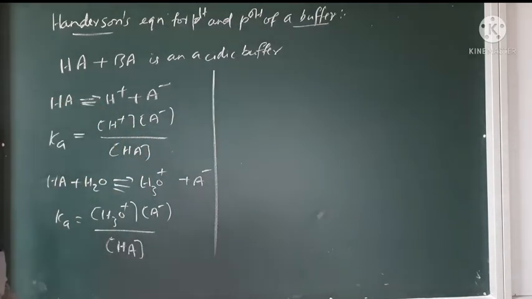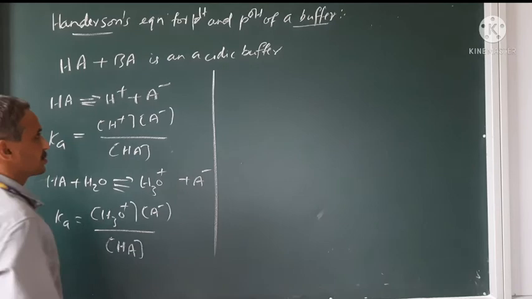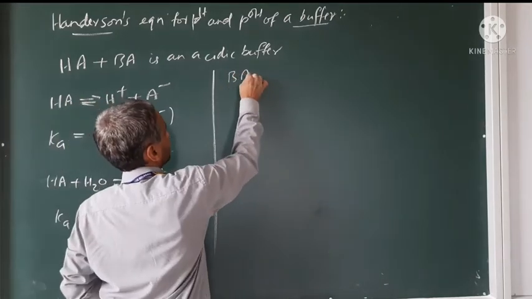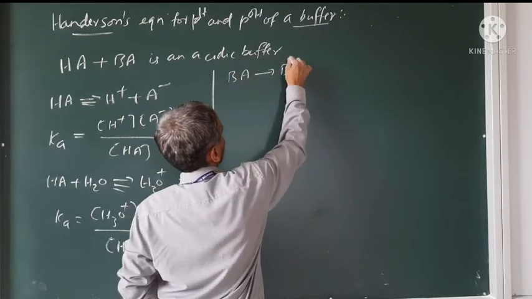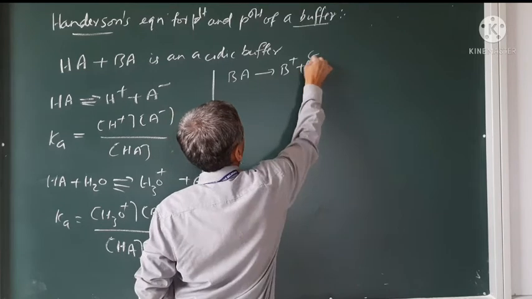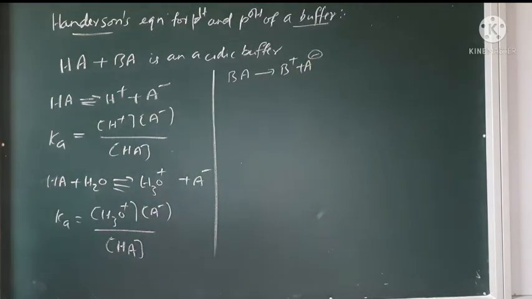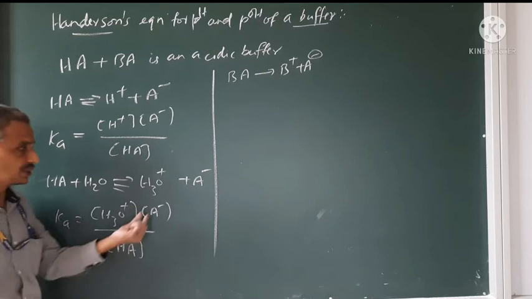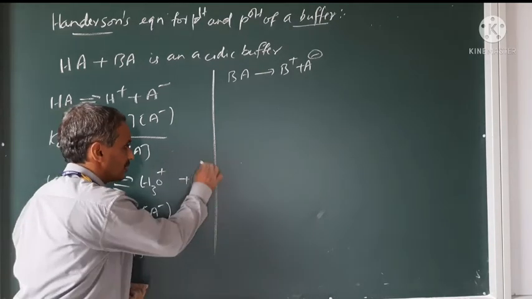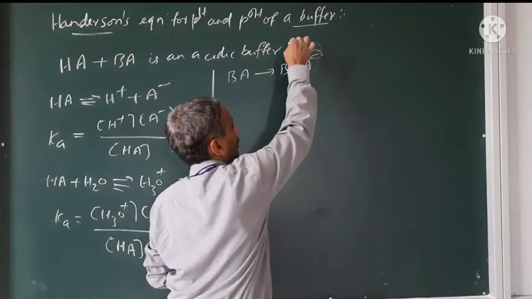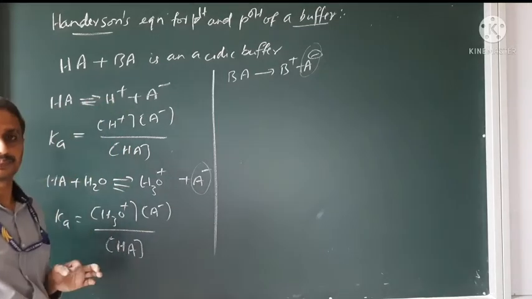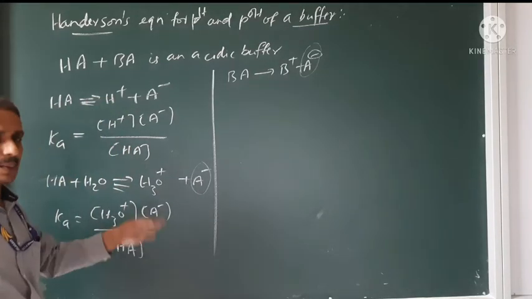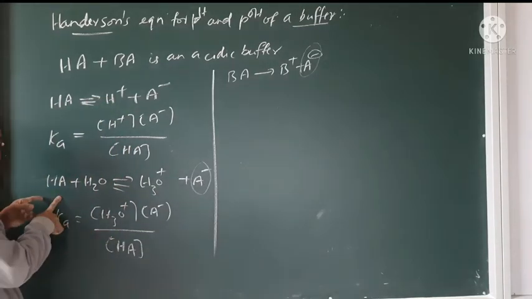Now, the BA added will ionize as B plus and A minus ion. So see, A minus is a common ion. Due to the common ion effect, what will happen?